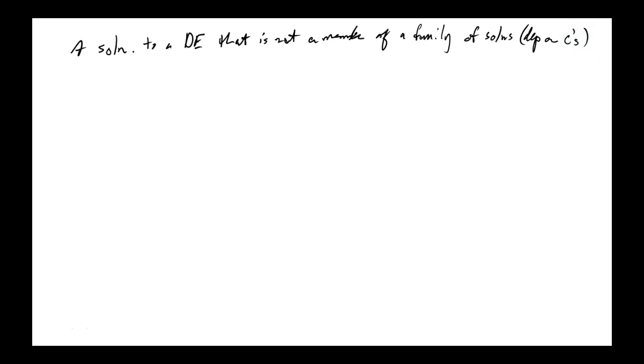But one that is not, it is a solution, but doesn't depend on those. These extra solutions are called singular. I'm abbreviating like crazy. Singular solution. Now, singular may sound like there's only one of them. It's not saying there's only one. It's just called that because it's different from the others.